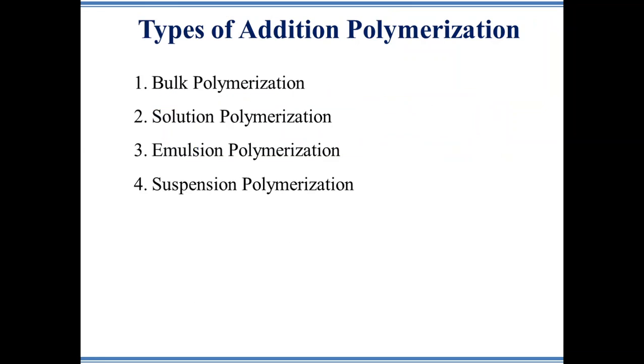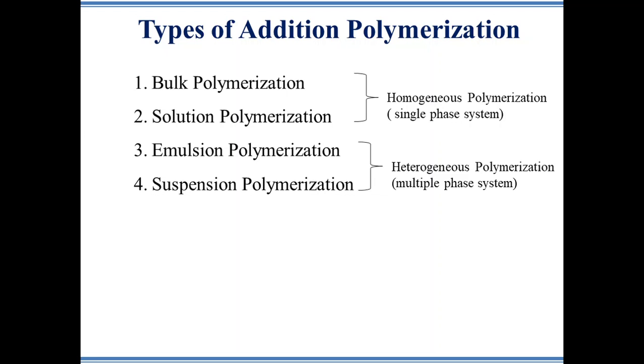There are four types of addition polymerization. First is bulk polymerization, second solution polymerization, third emulsion polymerization, and fourth is suspension polymerization. Bulk and solution polymerization fall under the category of homogeneous polymerization, and emulsion and suspension polymerization are known as heterogeneous polymerization.